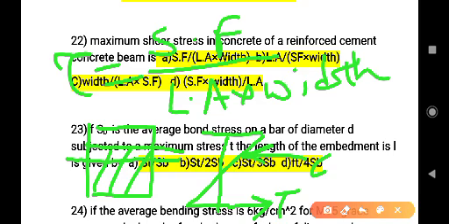So shear stress equals shear force by the area of this section, so lever arm into width of the beam section. So here the right answer is option A, shear force by lever arm into width.